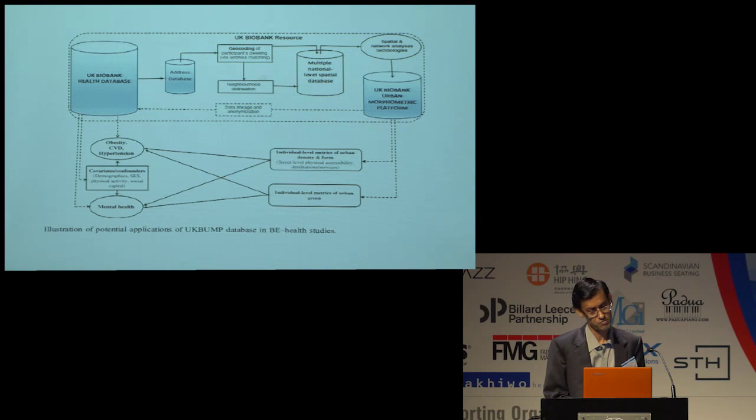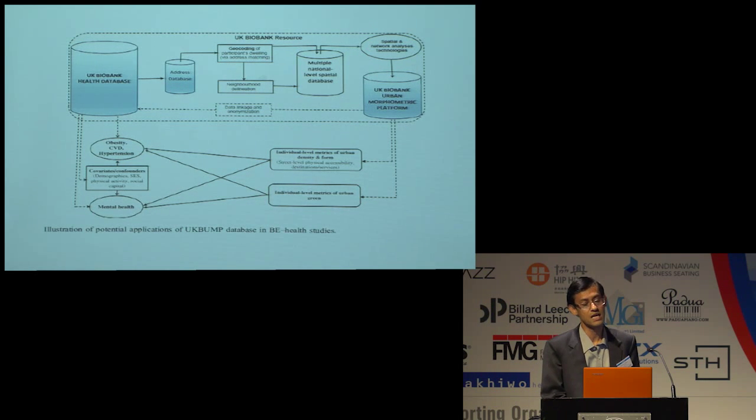Now, in the biobank, what we did was extract the address database, then we geocoded the actual participants' dwellings by address matching with existing spatial databases. Then we delineate neighborhoods around them.